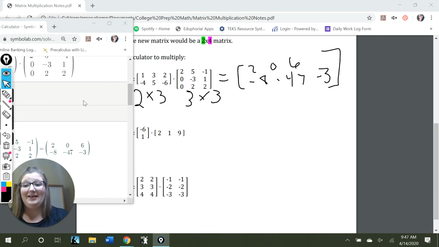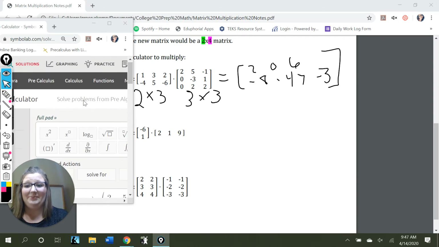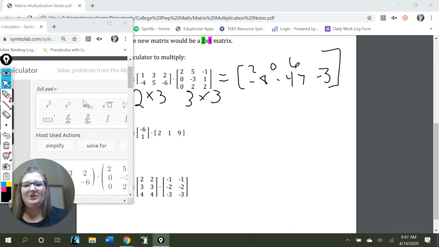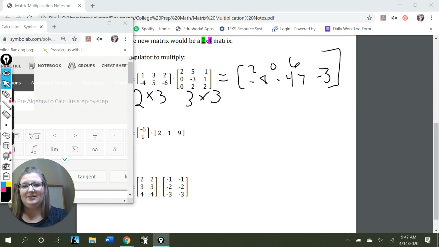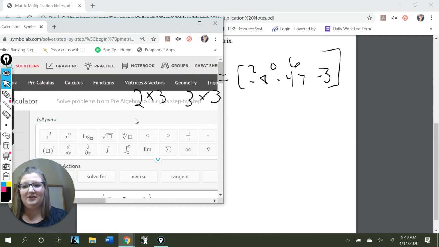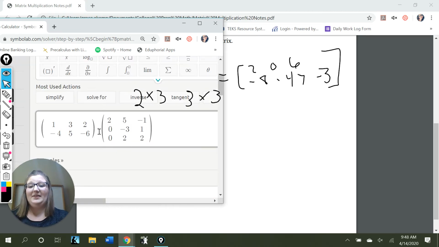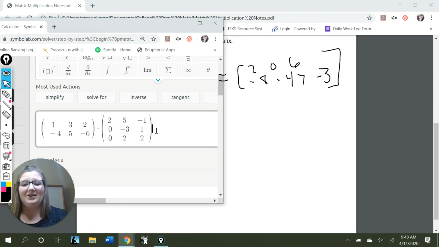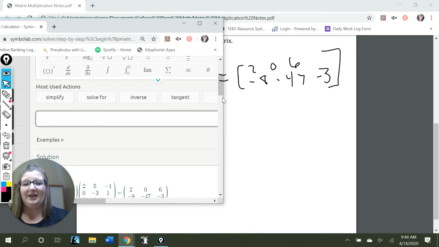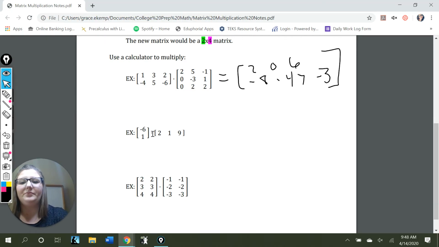So let's go ahead and look at another example. So you can come back up here. And I'm struggling with this calculator a little bit, y'all. There it is. Okay, and where we had the problem earlier, let me erase this for a second. Where we had the problem earlier, we can actually just get rid of that and type in our next problem in the same place. So our next problem, we have the matrix -6, 1 times 2, 1, 9.